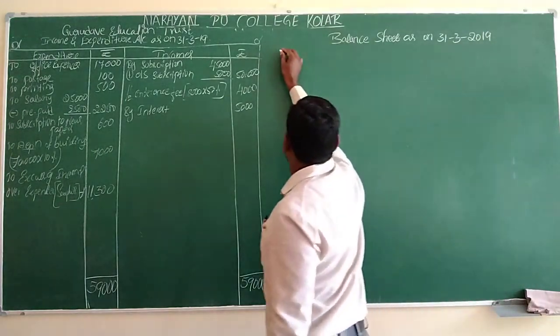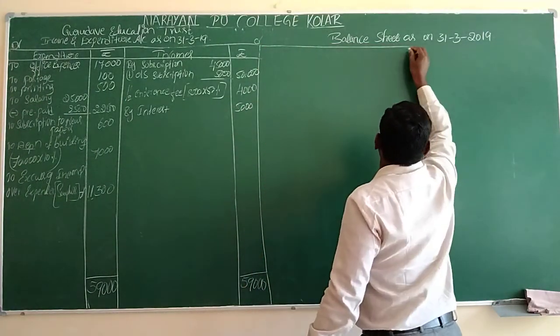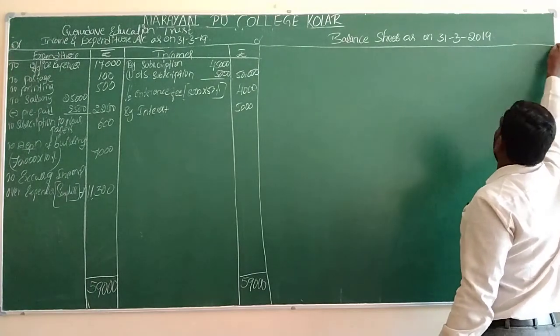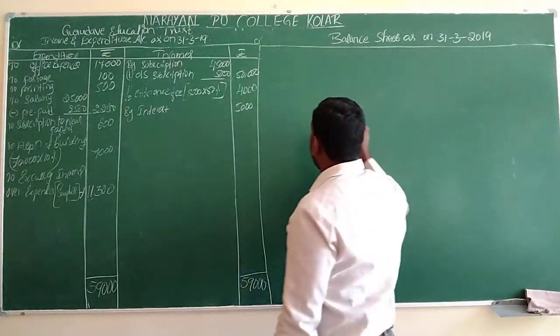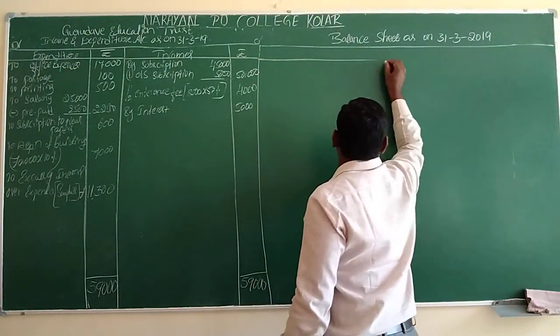According to this question, 2019 is the present year, 2020 is the future year.